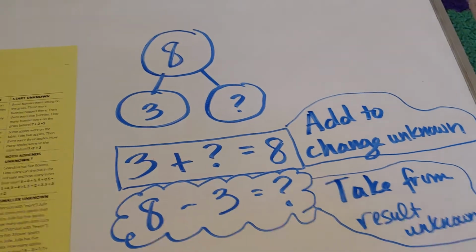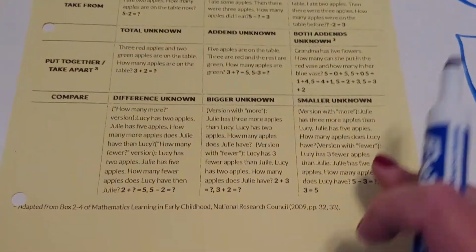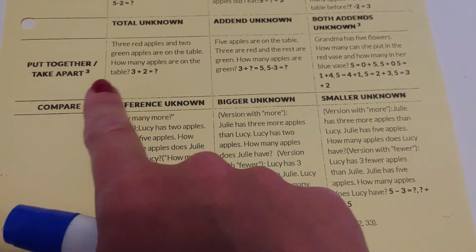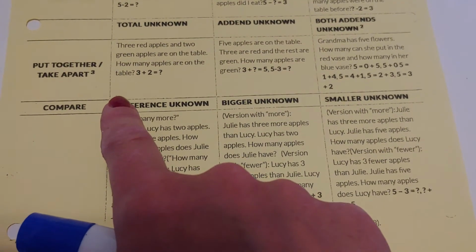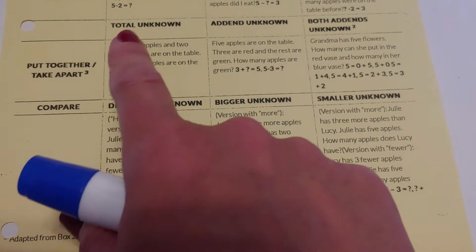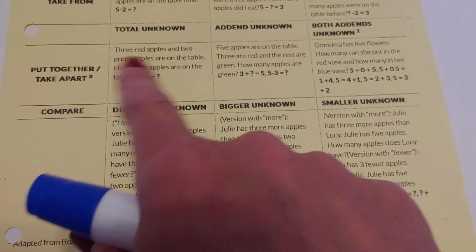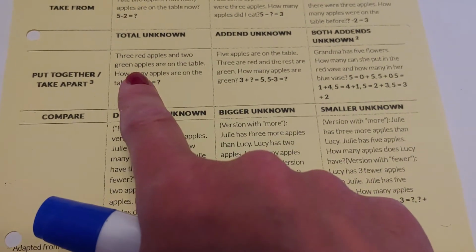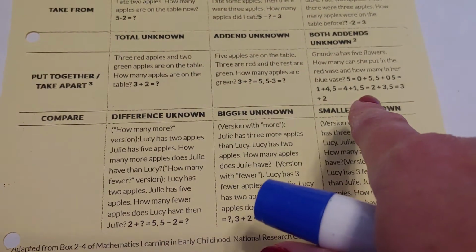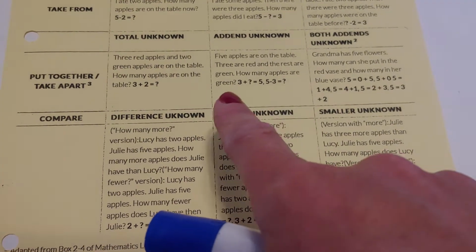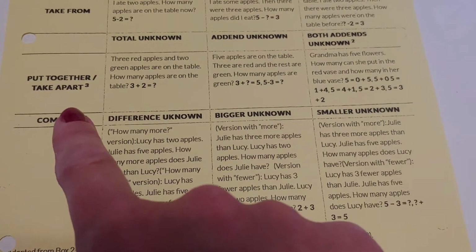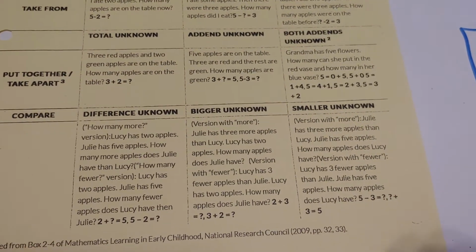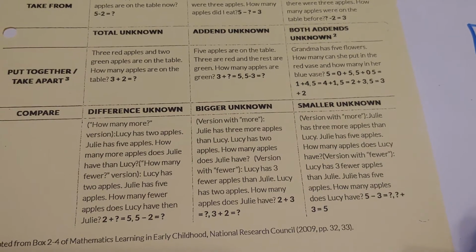Now, I'm not going to lie, there's some confusing stuff in the second half down here. Here we have put together, take apart. The idea is that we have 2 groups of things that I am putting together or taking apart. You can see here they're talking about red apples and green apples in all of these descriptions. So if we think of this as our 2 groups of chicks and chickens, does that make sense so far?